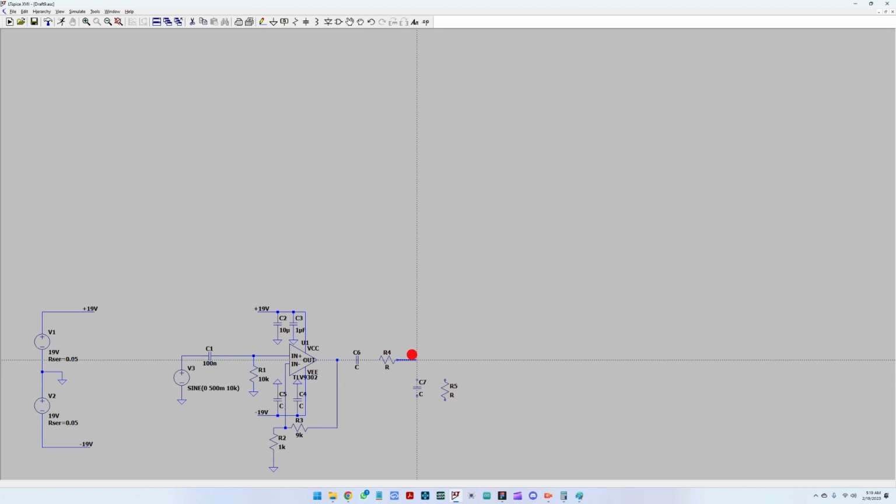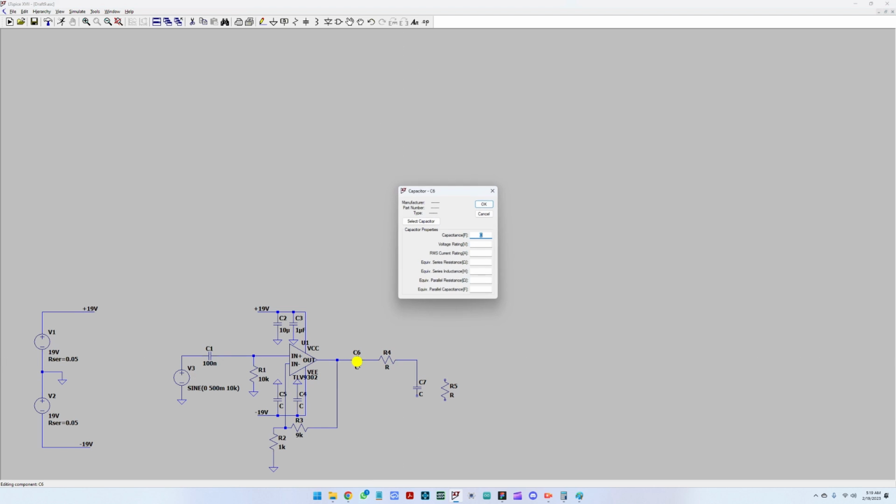So for this, let's choose a 220 nanofarad capacitor here, and let's put a 10 kilo ohm resistor.